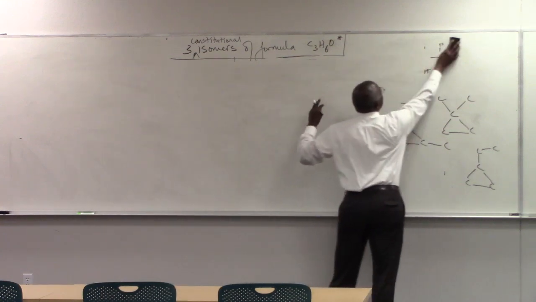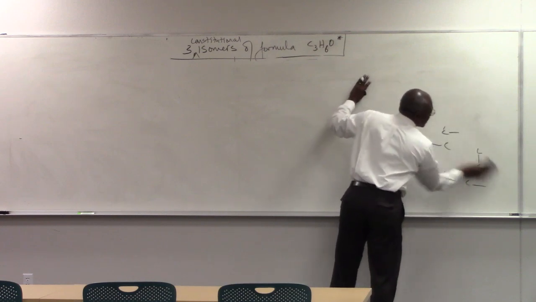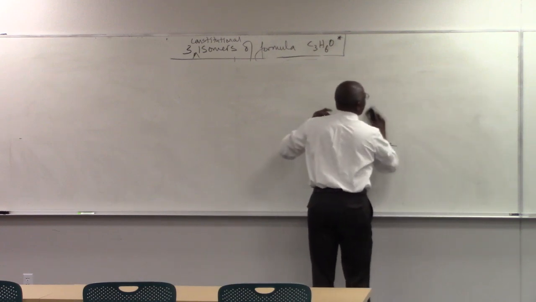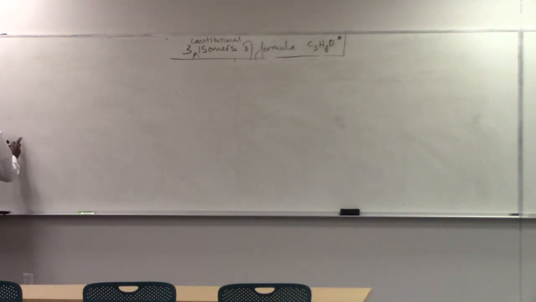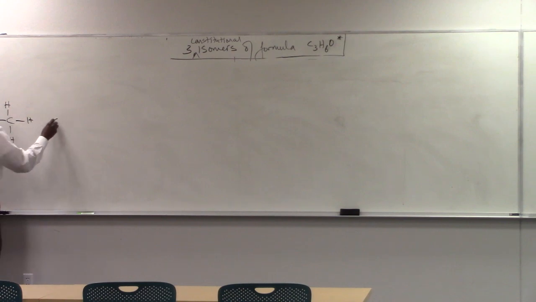So let's go ahead and see how we handle cases where we're dealing with heteroatoms. And the best way of doing that is to imagine that we start off with methane. Methane is our simplest organic compound, and that is CH4.